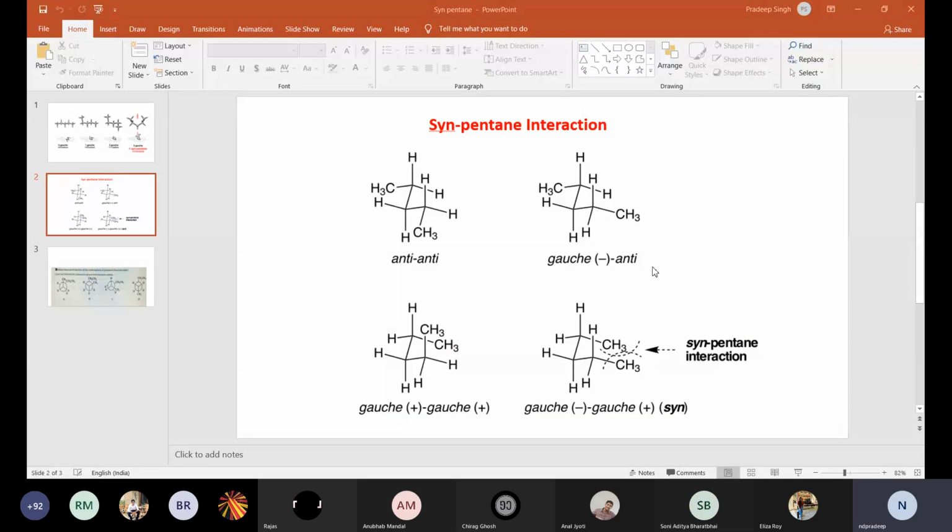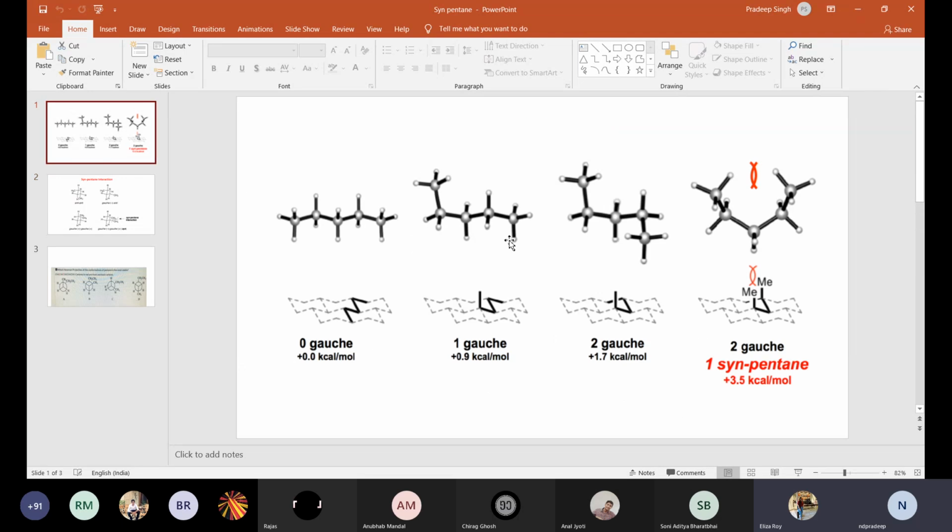Yes, madam. What you want me to say here? This Gauche anti form, how does it look? If you look at this slide, this one we can call anti because it is away from everything, away from each other. I have taken one of these methyls and made it axial.